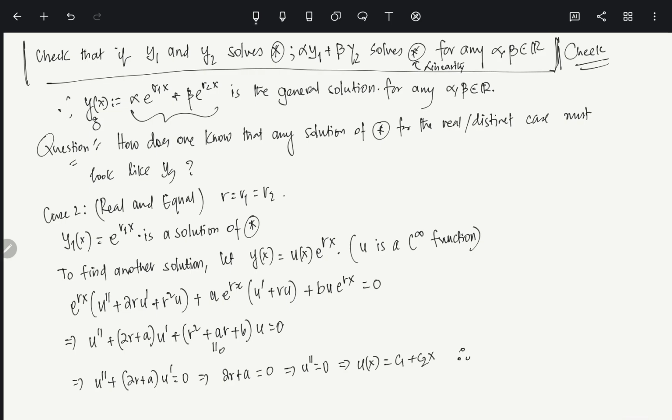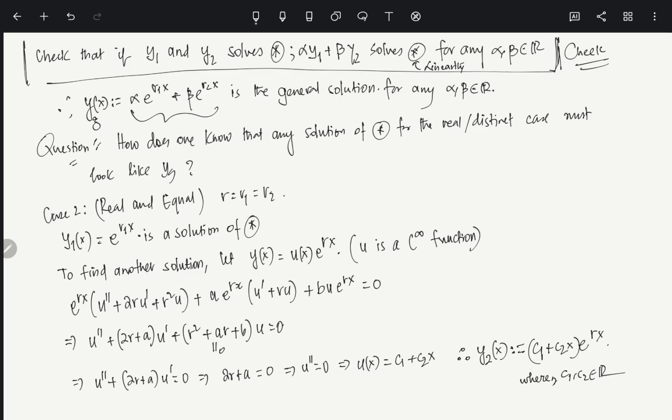Therefore, y2 of x we can define to be (c1 plus c2 x) e power r x, where c1 and c2 are in R.